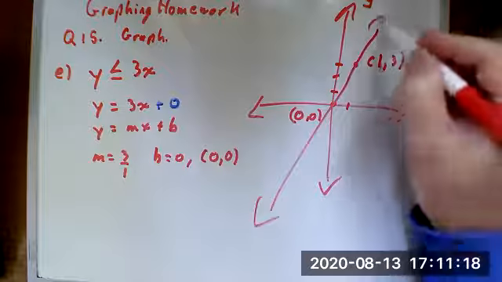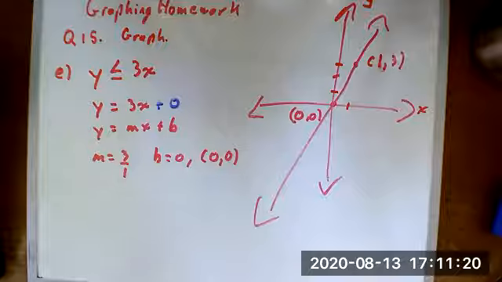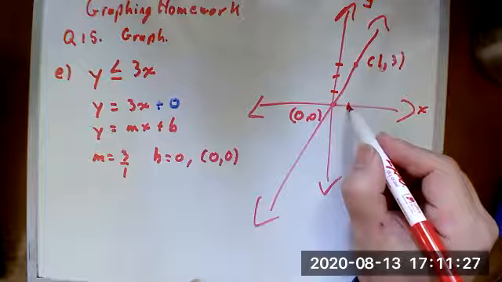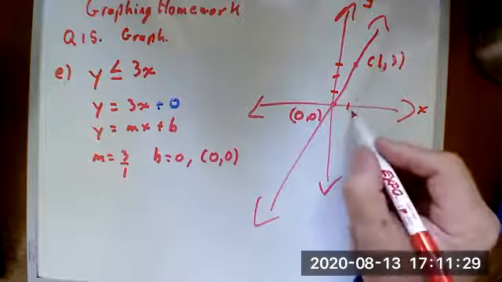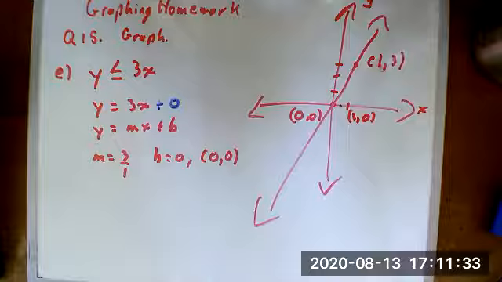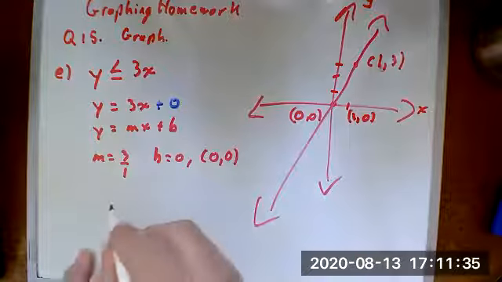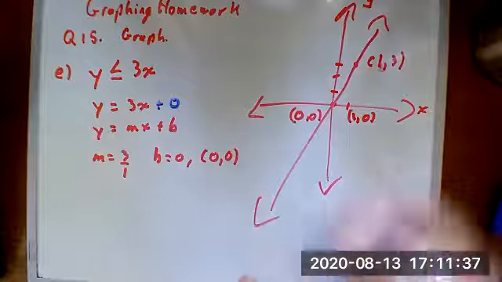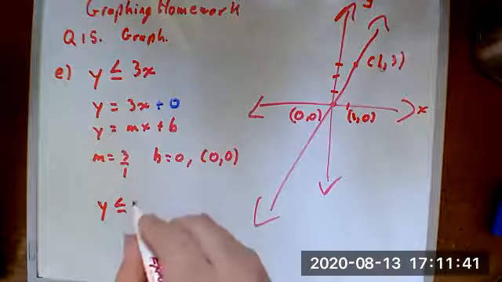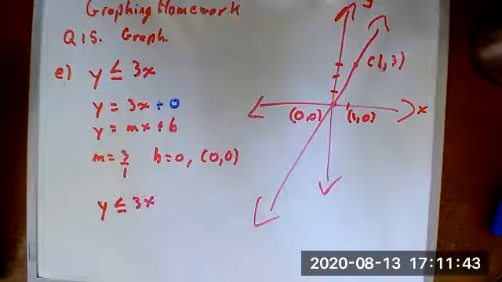Connect the dots. Everything's good. Now we need a point that's going to be very clear and easy for us to check out. I like this point right here, which is the point (1, 0). So I'm going to put 0 in for y. We'll start with the original thing. Remember, we're looking for y to be less than or equal to 3 times x.